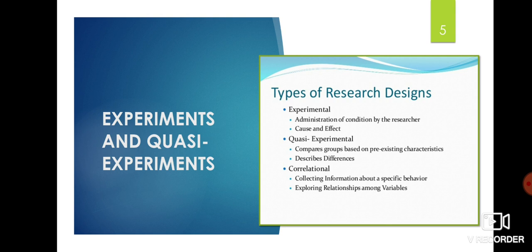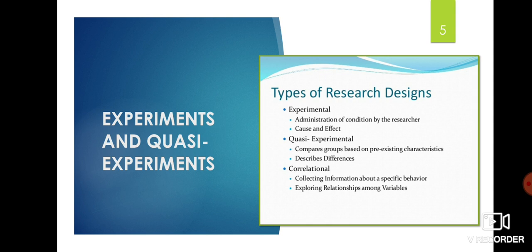Like for example, kung lalaki ka, okay, ilalagay kita sa babae. We cannot do that. Meron na talaga silang pre-existing characteristic. Therefore, hindi mo sila pwedeng i-assign. Ang babae, pipila, group 1, lahat babae. Group 2, lahat lalaki. So, when we have that pre-existing characteristics, we go on with quasi-experimental study.